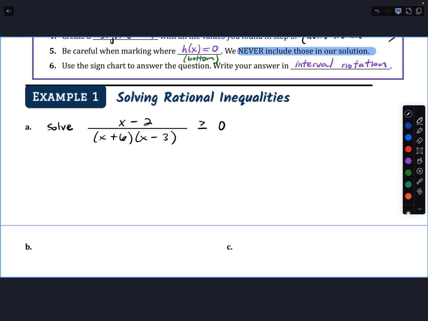So the first thing we want to do, guys, is we want to know when is the top equal to 0 and when the bottom equals 0. So notice that for this one, we start out pretty easy. It's already factored for us, right? So that's nice.